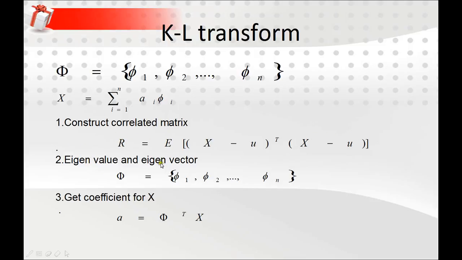We can get the eigenvalues and the eigenvectors. The eigenvectors form the orthogonal space. That's what we need. Then next, we get a coefficient for x, a coefficient for every picture, so you can store them in the database. It will reduce a lot of size.